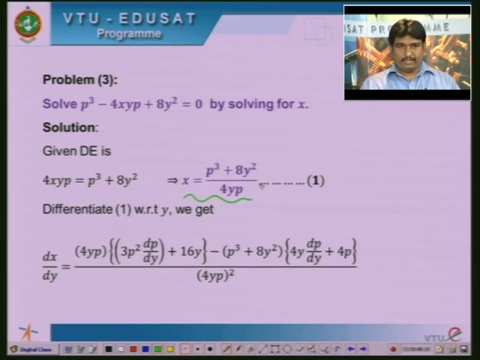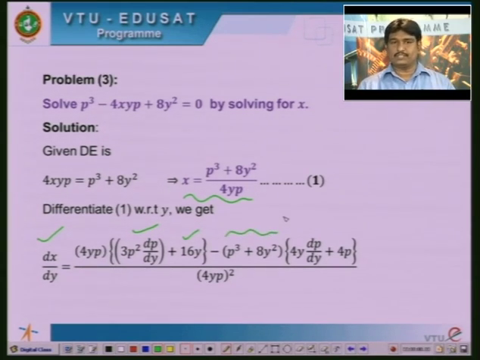Differentiate 1 with respect to y. So LHS is dx by dy, equals, by the quotient rule, denominator 4yp into the derivative of the numerator. The numerator is p cube plus 8y square; the derivative of p cube is 3p square into dp by dy, plus the derivative of 8y square, which is 16y, minus the numerator as it is, p cube plus 8y square, into the derivative of the denominator. The denominator is 4yp, so you have to use the product rule here: 4 into y, derivative of the second function is dp by dy, plus 4 into p, derivative of the first function y is 1.